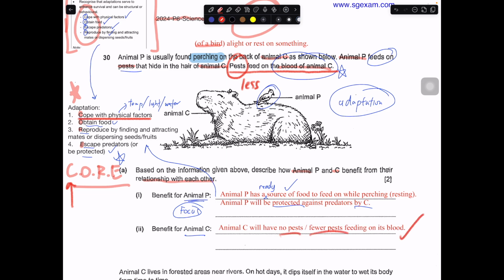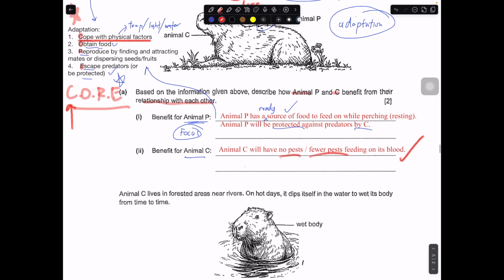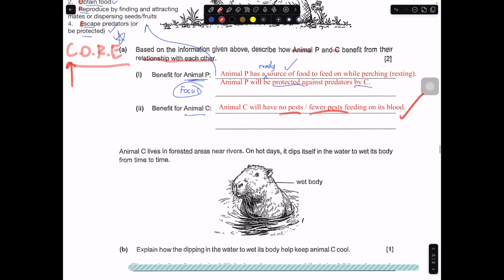This is a good thing, a benefit for C when it has this good relationship with animal P. Now, animal C lives in a forested area on a hot day. Hot day is trying to tell you that this is coping with extreme temperature.